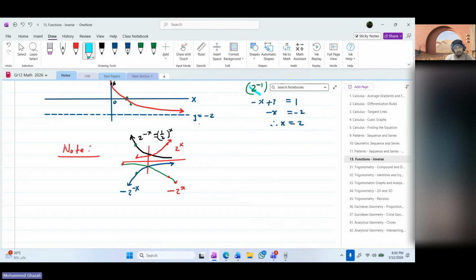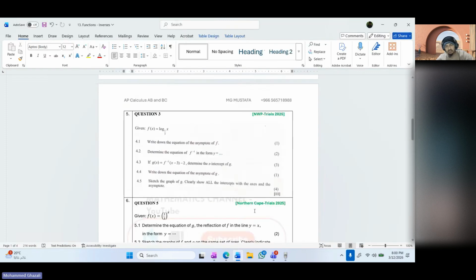So I'm basically looking at a reflection. So those are the 4 types of exponential functions you can get, not accounting for the asymptotes. If you account for the asymptotes, then you'll get different types of graphs. That's great. Let's move on to the next part.